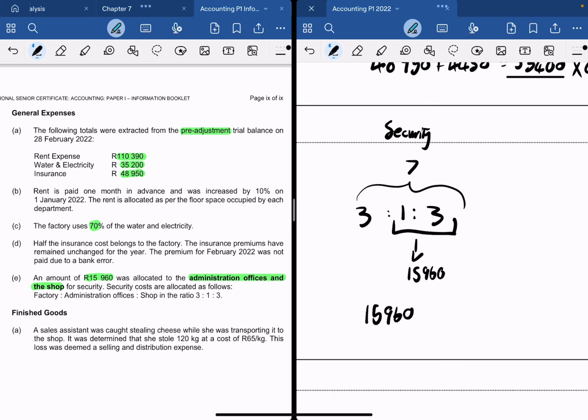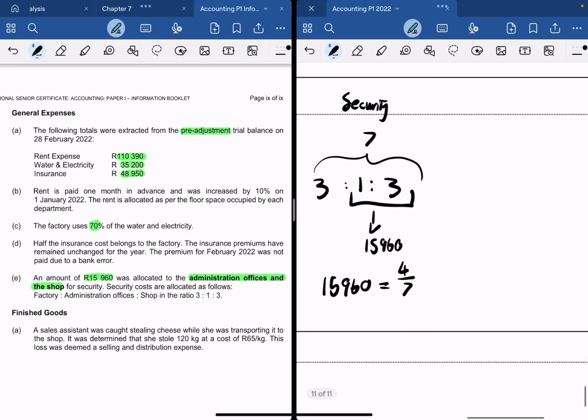So if 15960 represents 4/7, but we want 3 out of 7, right? So all we need to do, because we want 3 out of 7 because that's the proportion of the factory, right? All we need to do is take 15960 times, what do we want?